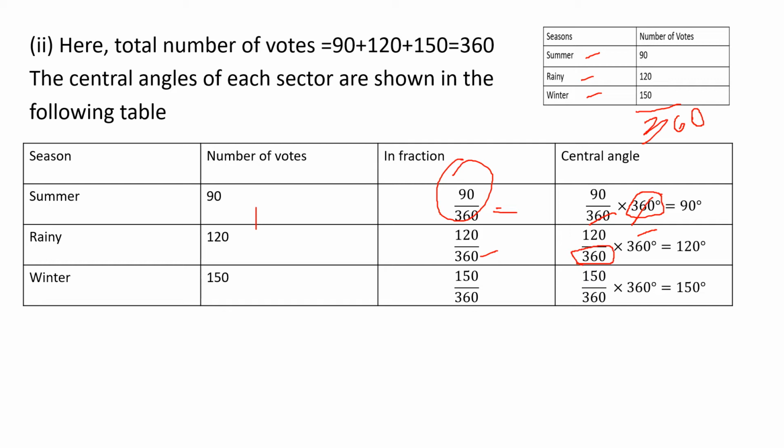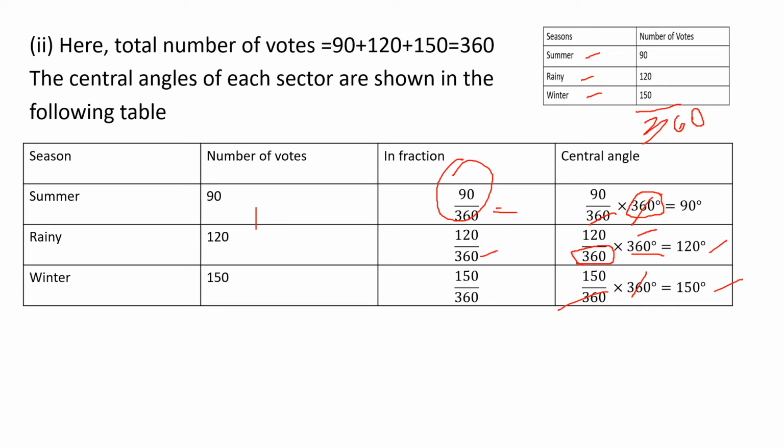Don't get confused. For example, if 4 seasons are there, then you will get maybe 460 or something. That is the total number we write in the denominator, and we are multiplying with the central angle. What is the total angle for a circle? 360. That 360 we are writing here. So cancel it everywhere. This 360 gets cancelled, and what is the remaining thing? 120. So here we are getting 120, 150.